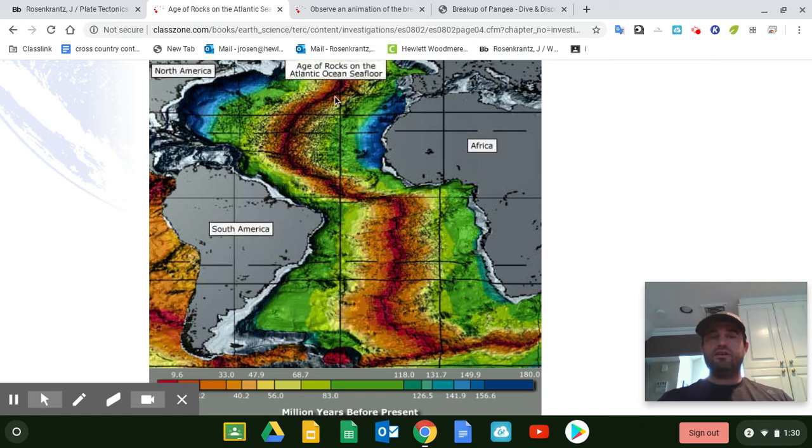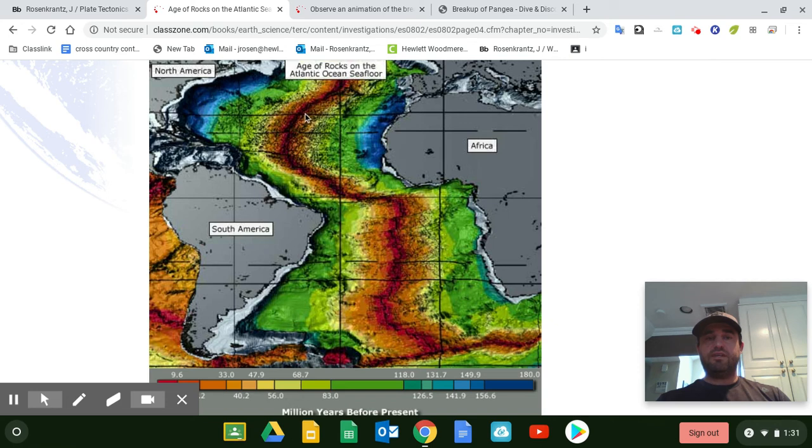And then if you look here, see this really bright red? Let's pick up on two things this map shows us. For one, look at it. It's the same exact shape as the African coastline. See that? It's pretty cool.